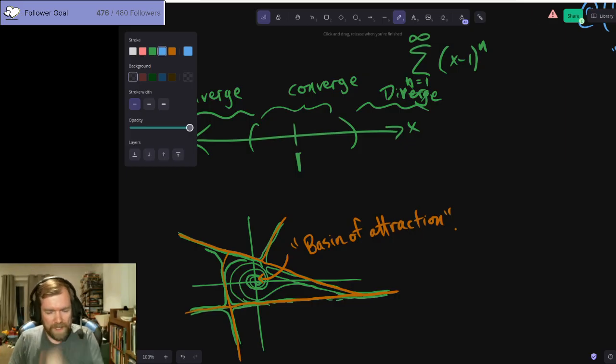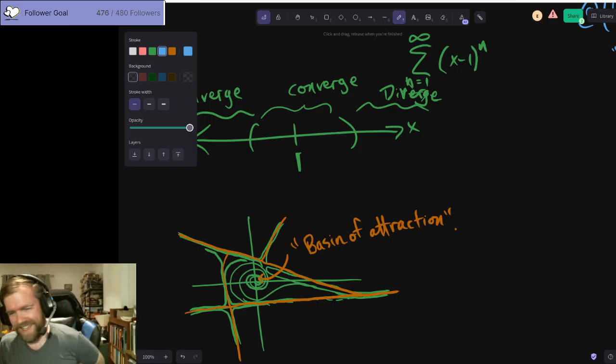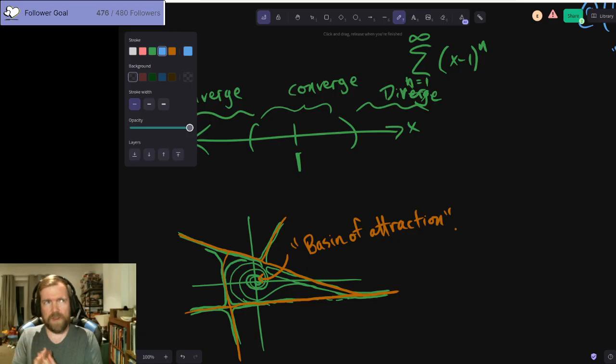I think it's z plus c, some number c, and then you raise this thing to the nth power and just keep going and going with this process.